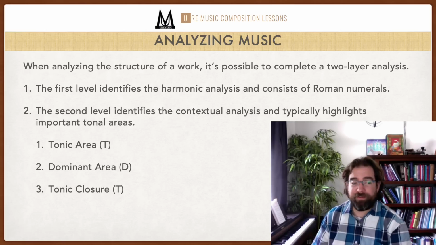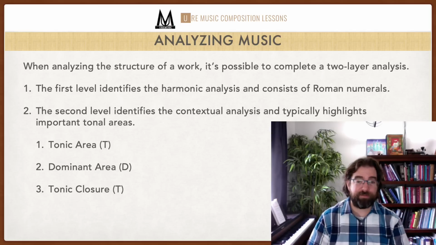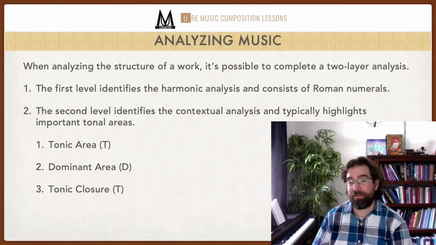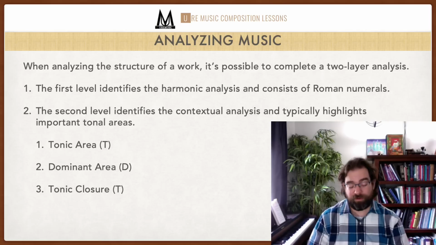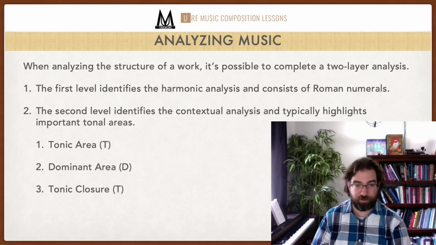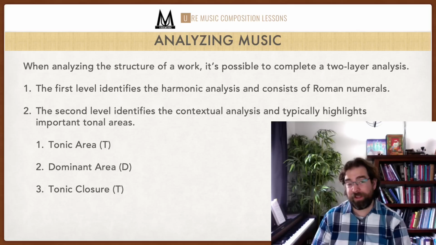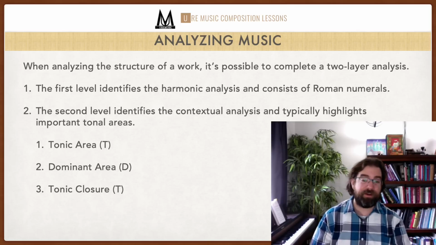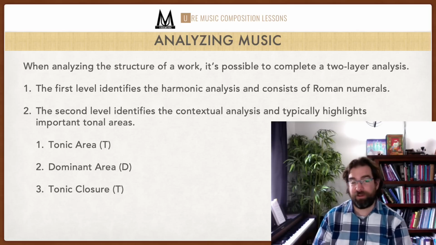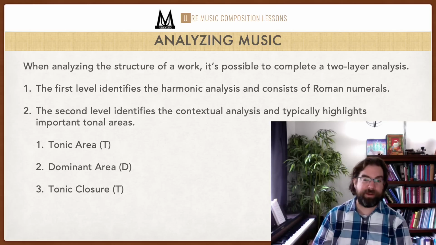So when you're analyzing the structure of a work, it's possible to complete a 2-layer analysis. The first layer is just a harmonic analysis and consists of Roman numerals and Romanettes. Like we learned about, each scale degree has its own Roman numeral. Depending on whether it's major or minor, you need to use a Roman numeral or a Romanette.